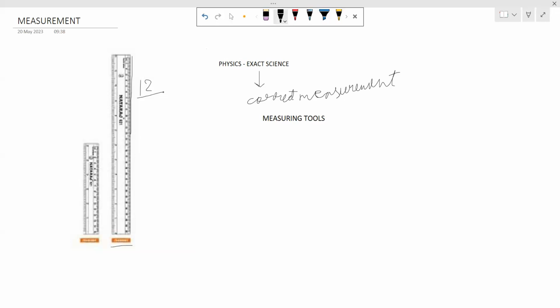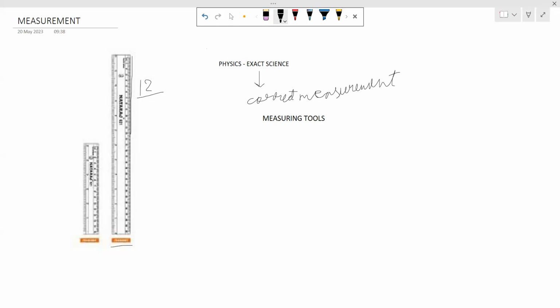Suppose you are telling your mother that mom, I am not feeling well today. So your mother will bring the thermometer and check your temperature. And if the temperature is high, that means you are suffering from fever. And you want to see the time. What's the time? So you are seeing the clock and saying yes, it's 5 o'clock now. It's 6 o'clock now.